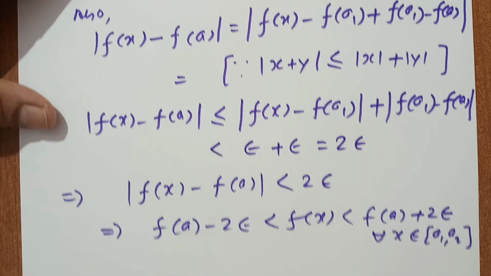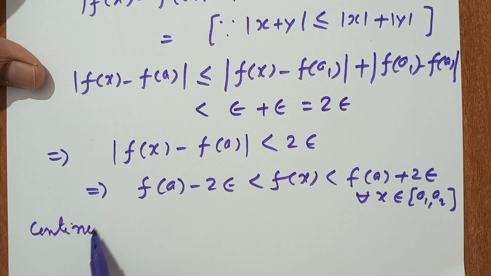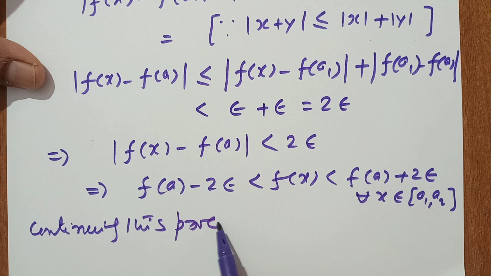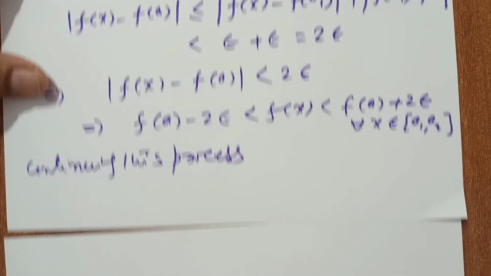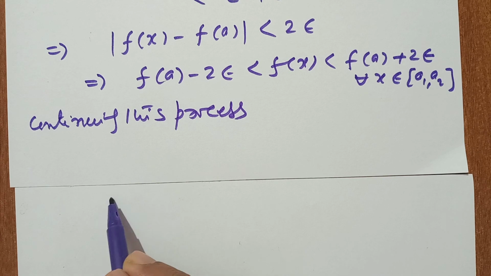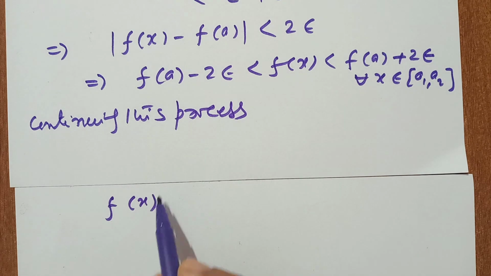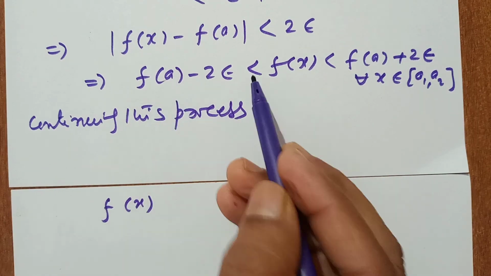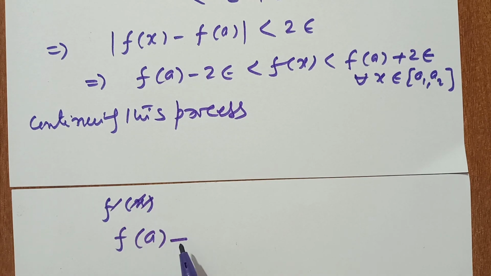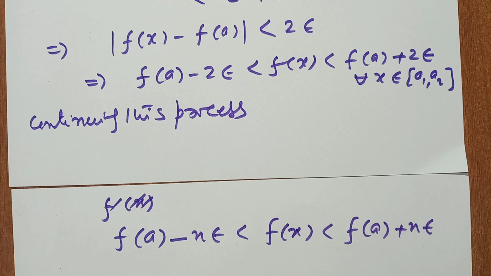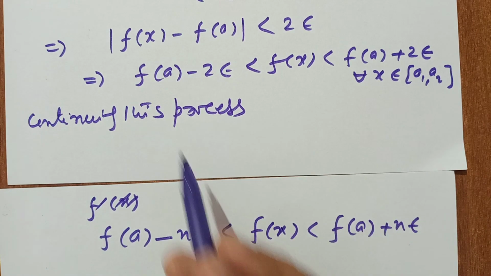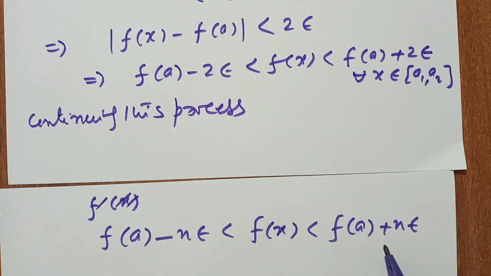Continuing this process for the third interval, then the fourth, and then the nth interval, if we put n in place of 2, we get f(a) - n epsilon < f(x) < f(a) + n epsilon for every x in [a, b].